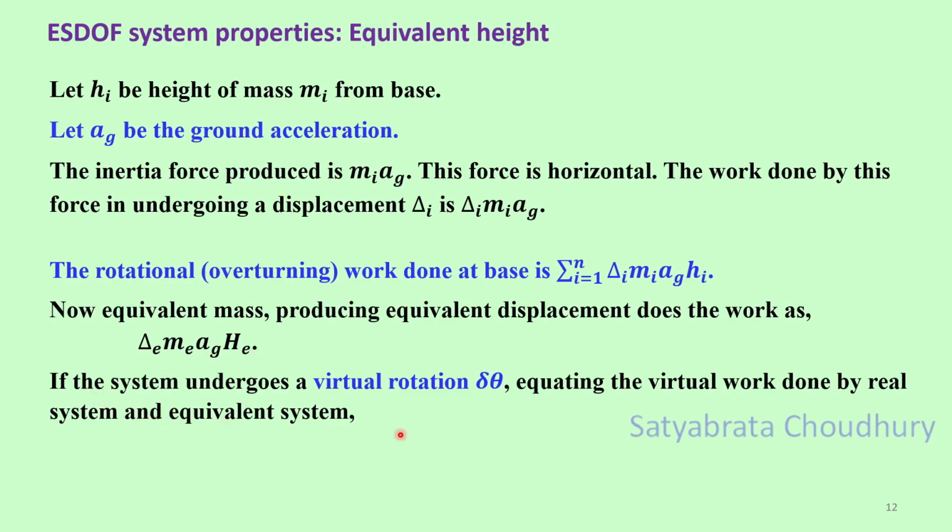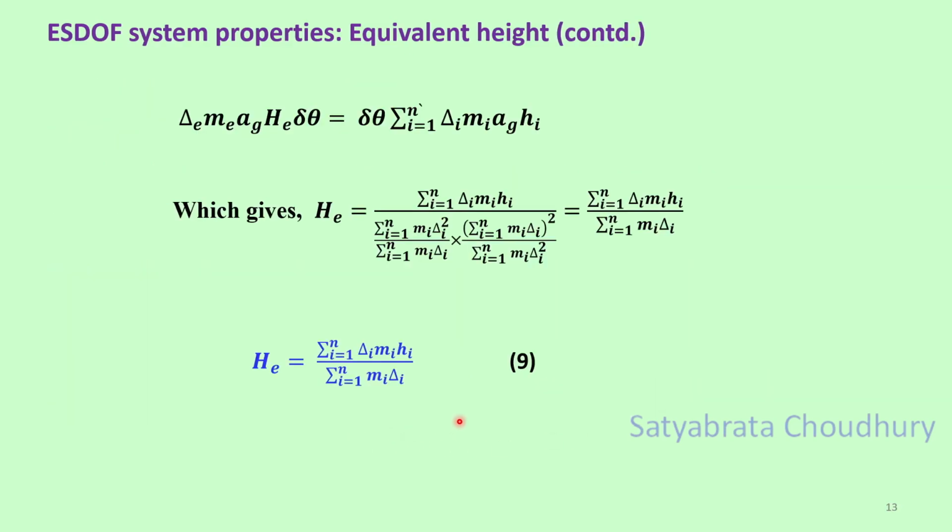Now we will apply the principle of virtual work over these equations. We consider that the system undergoes a virtual rotation delta theta, and the virtual work done by the real system and equivalent system should be same. So we can write summation delta I mi Ag He delta theta equal to delta theta summation i equals 1 delta I mi Ag Hi.